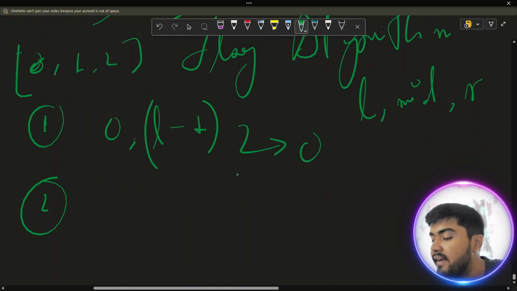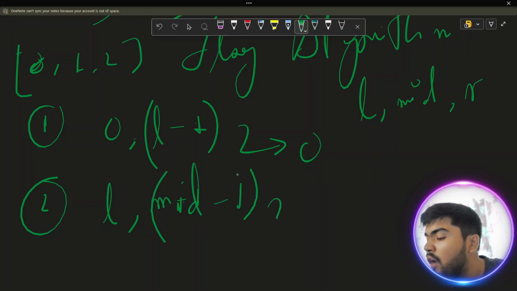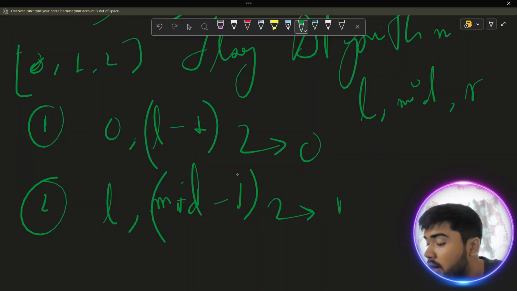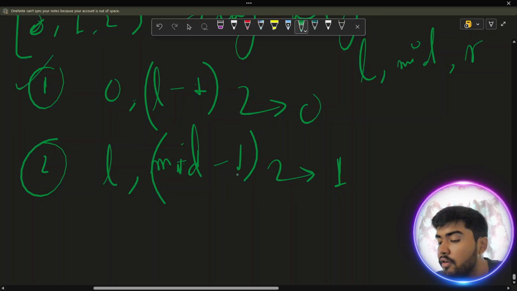The second rule states that low to mid minus 1 should all hold the value 1. Please take very careful notes of these points.